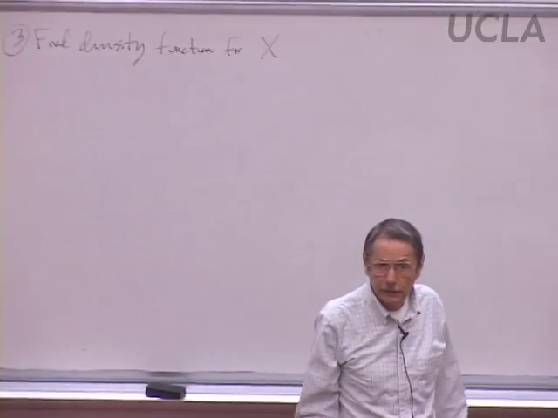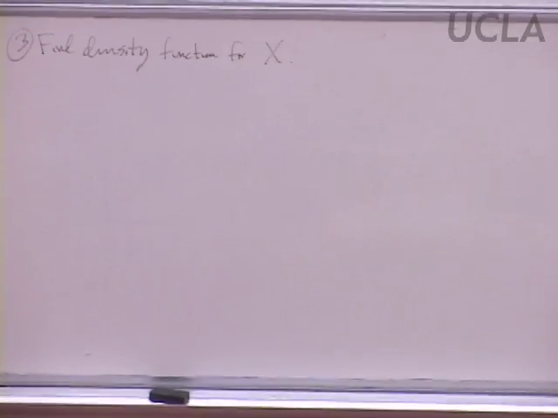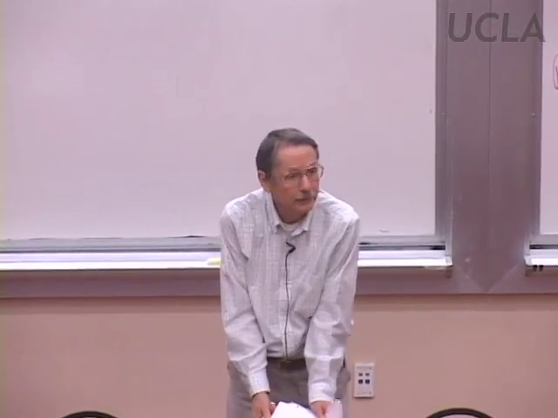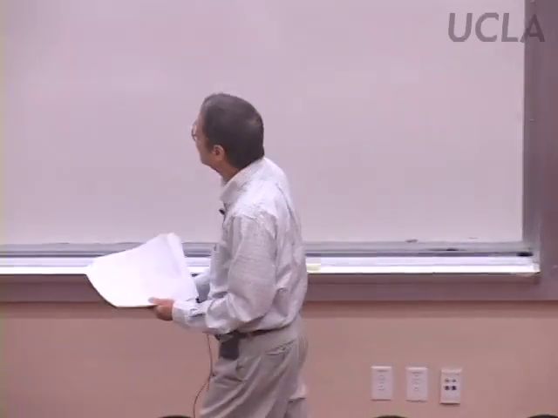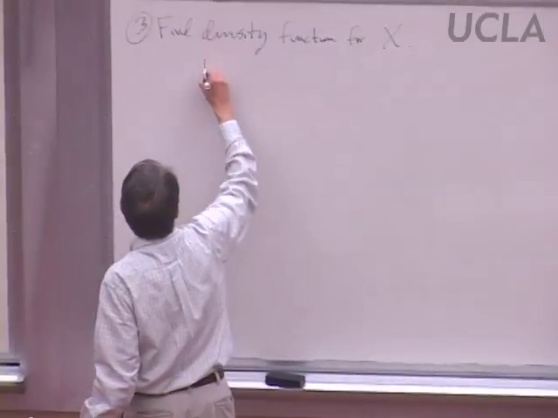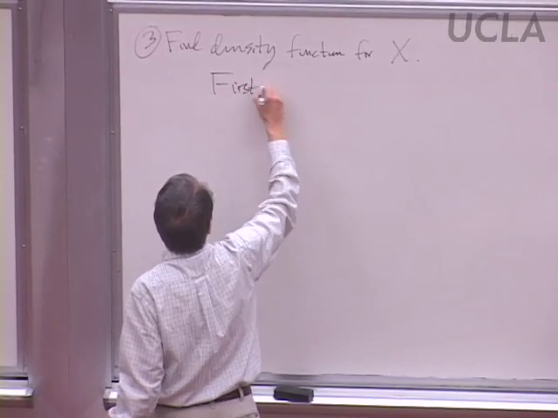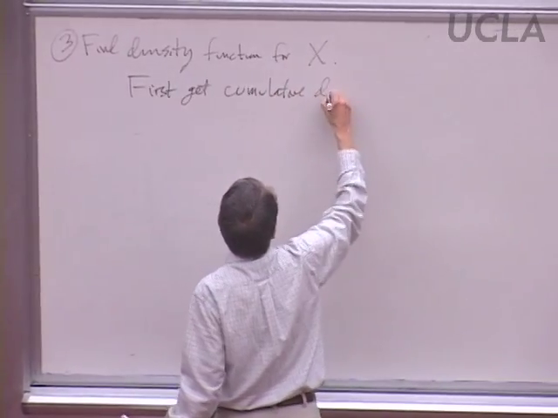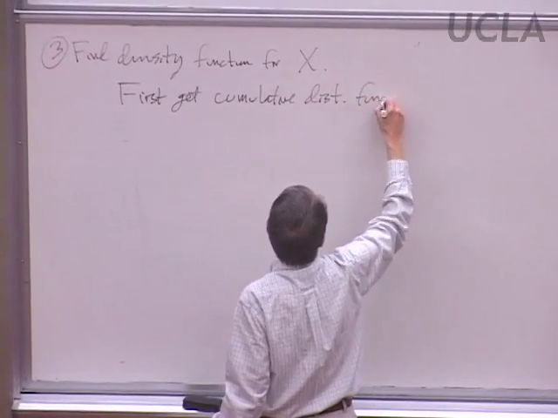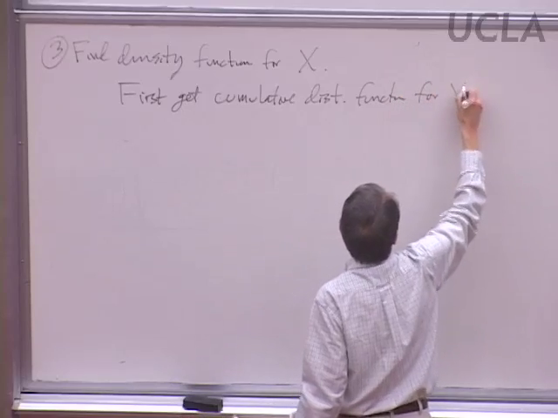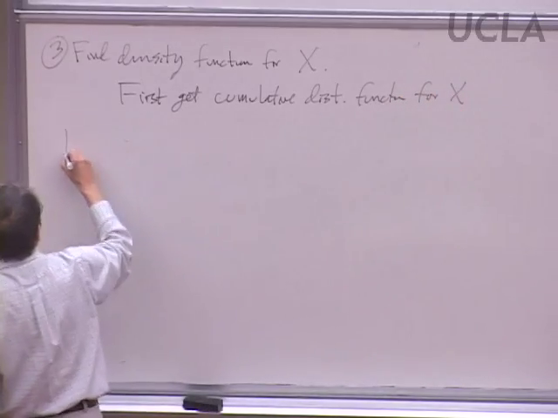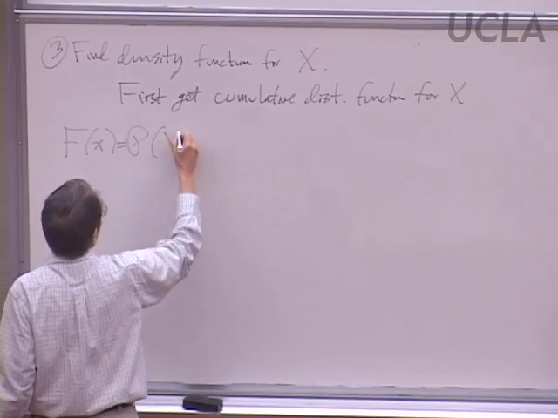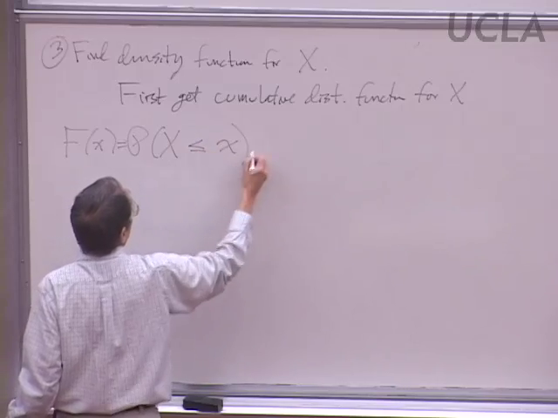And the way we're going to find it is to write down its cumulative distribution function and take its derivative, because we know the density is the derivative of the cumulative distribution function. So first, we'll get the cumulative distribution function for x. Call it capital F. That's what we usually call it. The probability that X is less than or equal to little x.